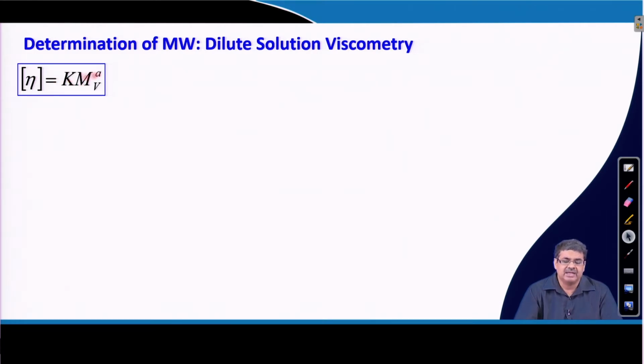A and K are the two constant terms which are constant for a particular polymer, temperature, solvent combination. If we change one of these three, then K and A values change. This is intrinsic viscosity, and it is defined as specific viscosity divided by C at C tends to 0.